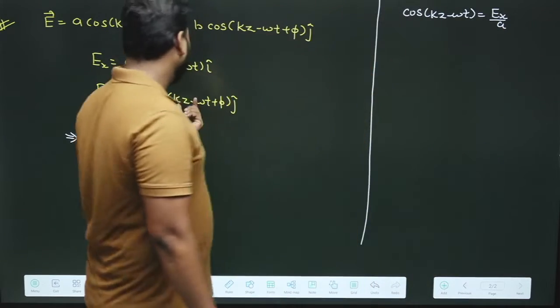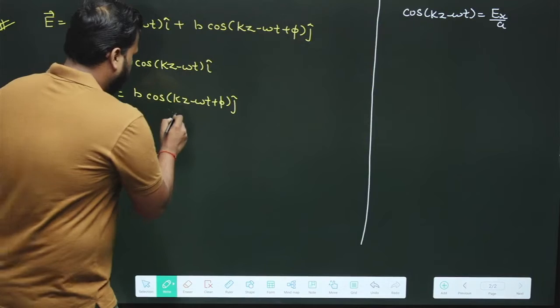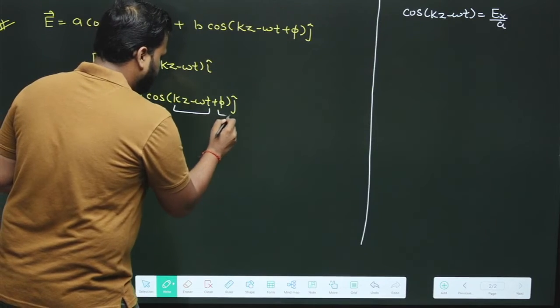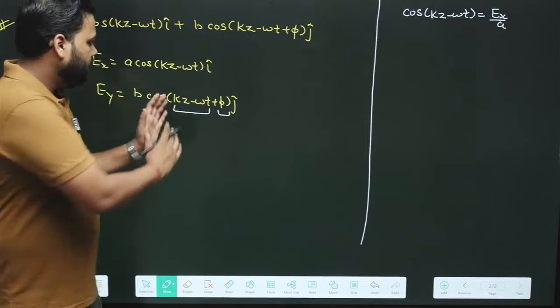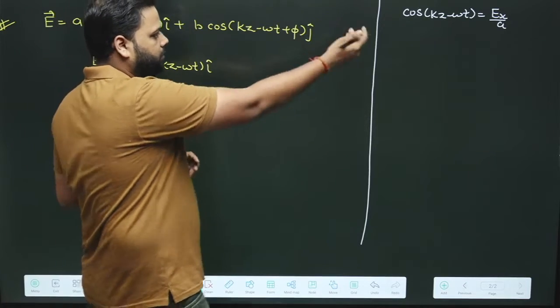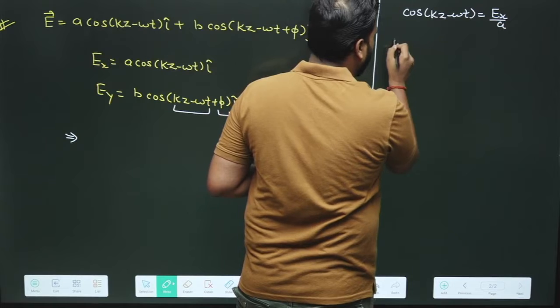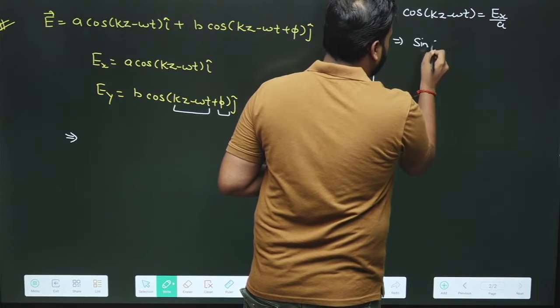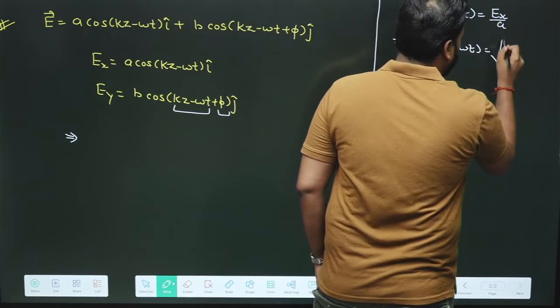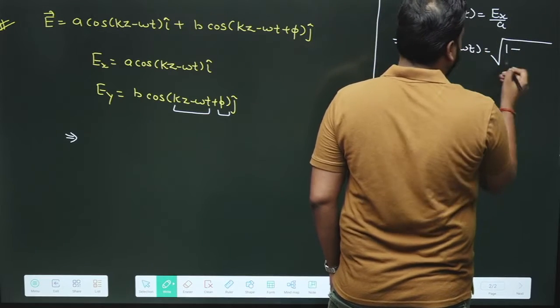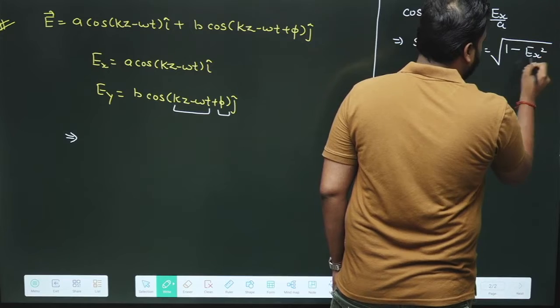Similarly, look at equation number 2. Take it as cos(c + d), use the formula, and split into cos and sine terms. The sine of (kz − ωt) you can write as root under 1 minus cos square theta, that is, 1 minus Ex square over A square.